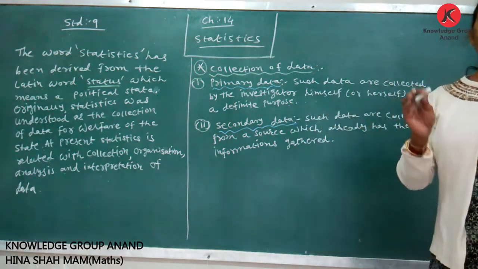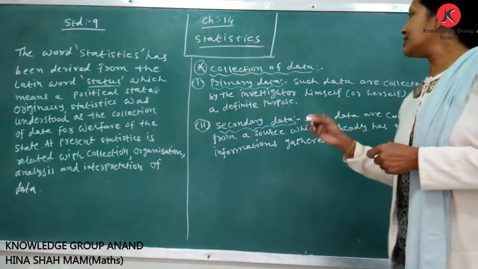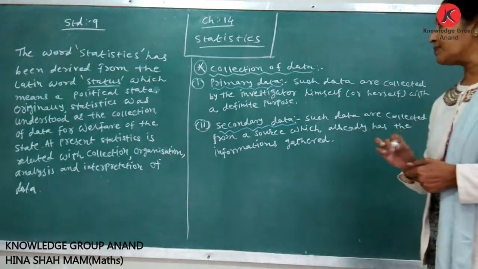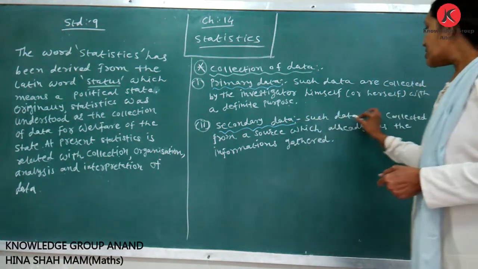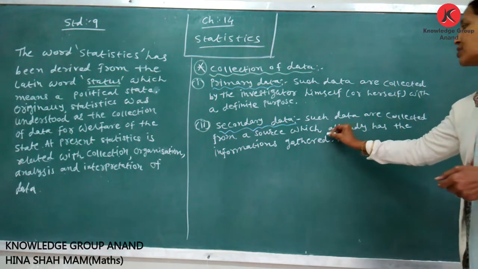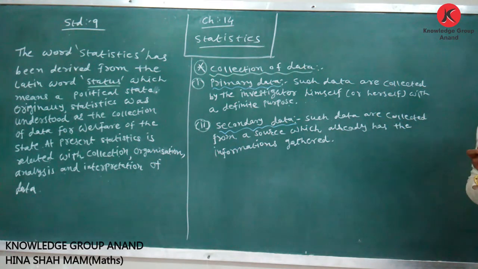Which data does the investigator collect on their own? Secondary data: such data are collected from a source which already has the information gathered.